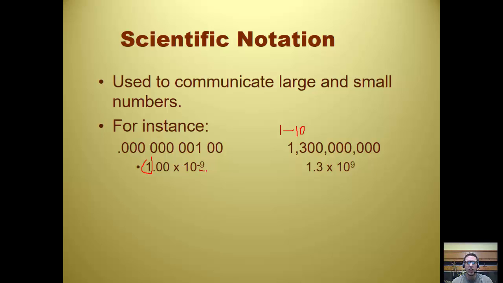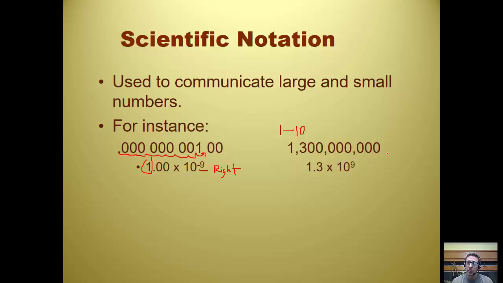So to get to this negative ninth, we went from here 1, 2, 3, 4, 5, 6, 7, 8, 9 spaces to the right. If you're moving to the right, then we are dealing with negative exponents. We're moving in the smaller direction, so it has to be negative.